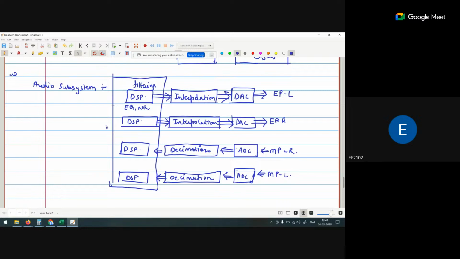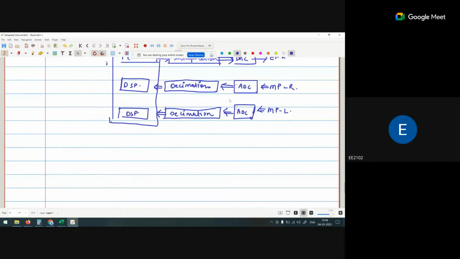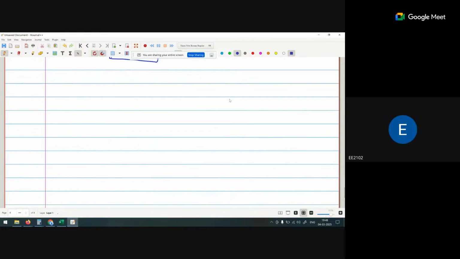Okay, now the charging subsystem. For the charging, I think you are aware of the charging profile of your mobile phone.